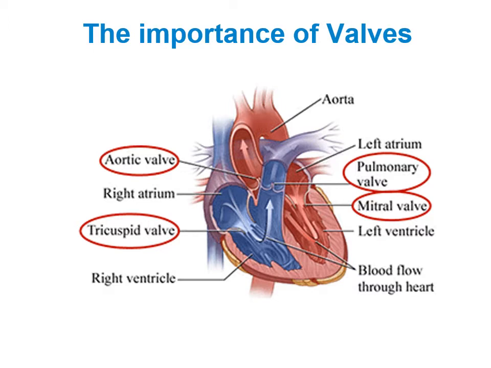As long as valves work, blood moves forward. Heart sounds are the sounds of these flaps closing. The LUB is closure of the tricuspid and bicuspid valves. The DUB is closure of the semilunar valves.